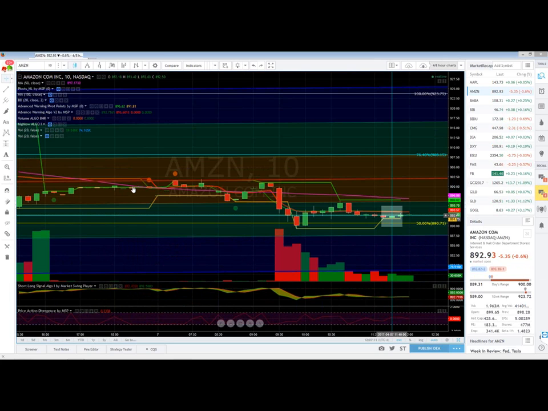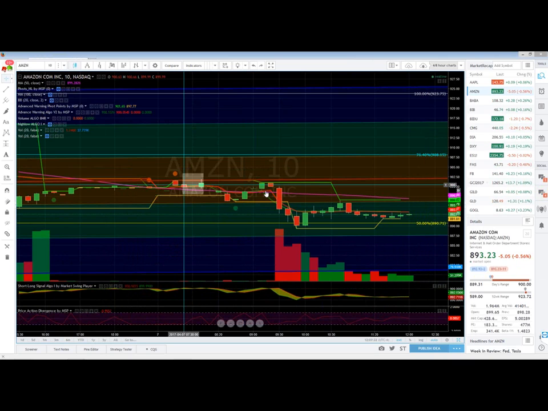And so we can see we got a pivot there as well, but we don't have any signals besides the pivot. And we can see we're pretty much near resistance of the algo.